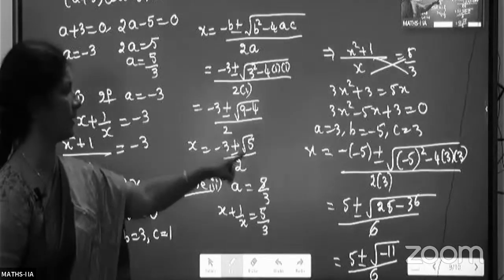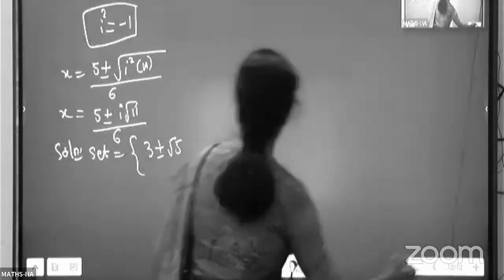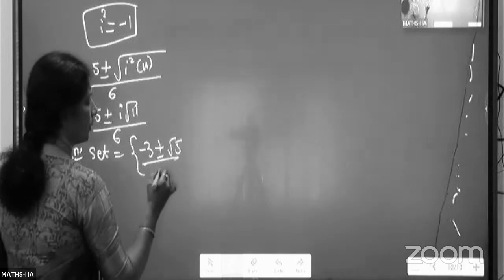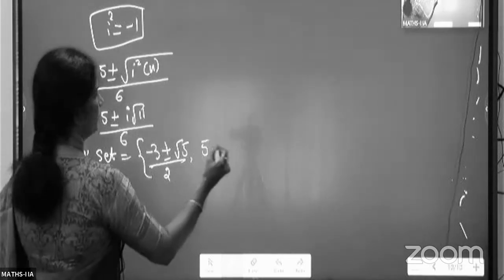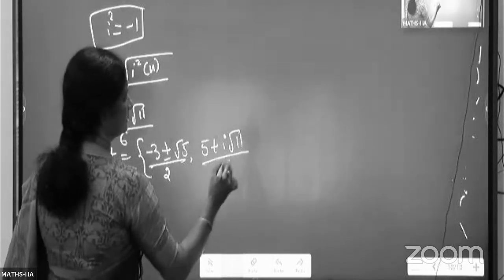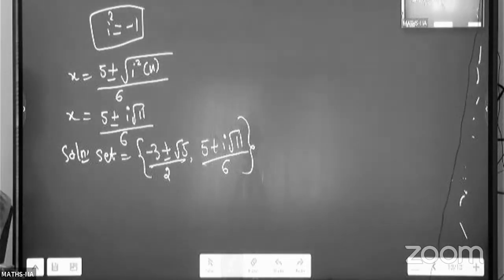Minus 3 plus or minus root 5 by 2, and now the next value that you have to add here: comma, 5 plus or minus i root 11 by 6. So like this, you have to complete the question.